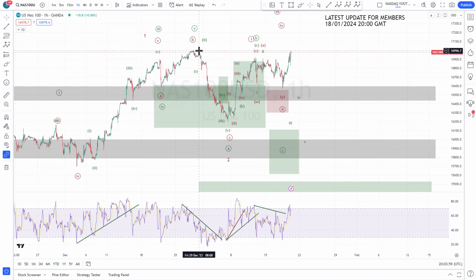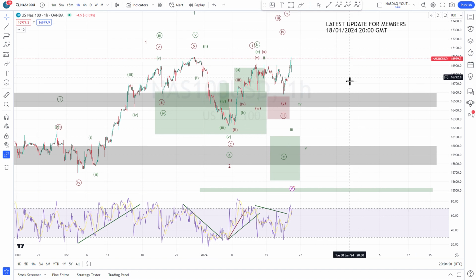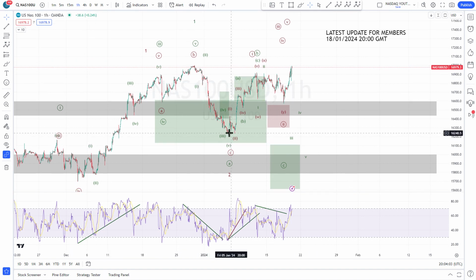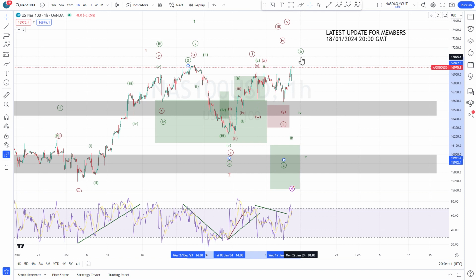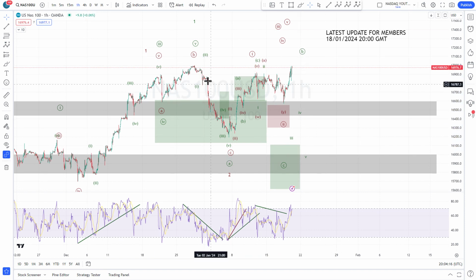Okay, taking out the high right here is a good indication that our wave 2 low was in right here. But again, we cannot close our eyes to possible traps. And so, okay, the A, B, C down like this is no longer possible.